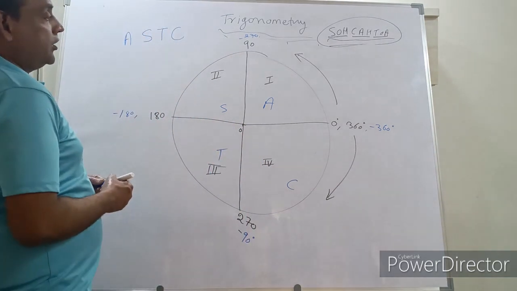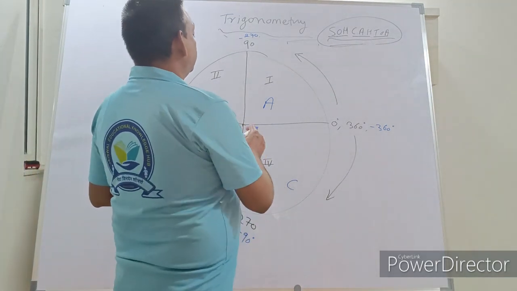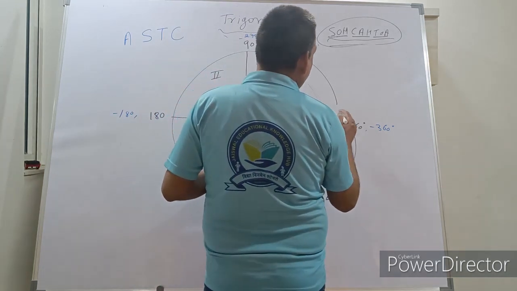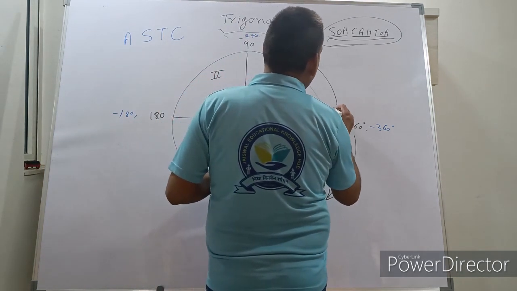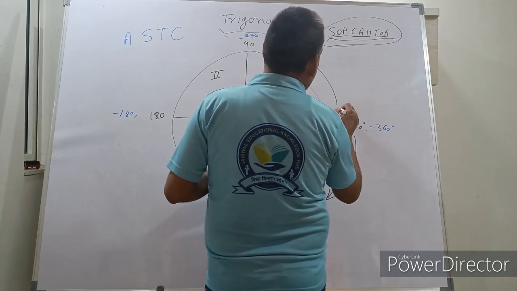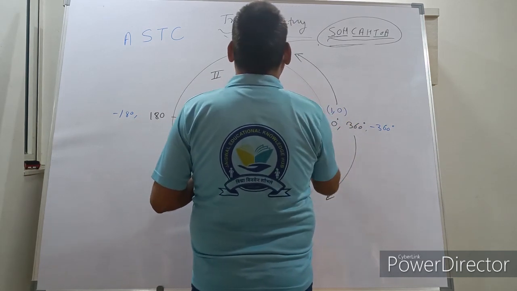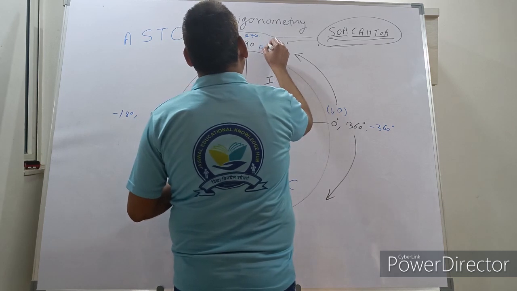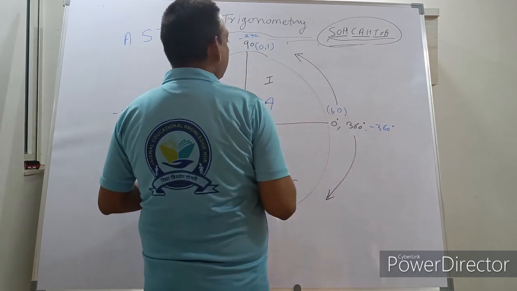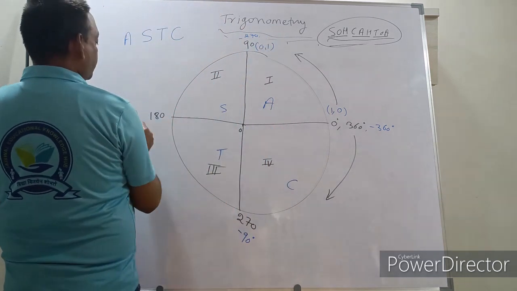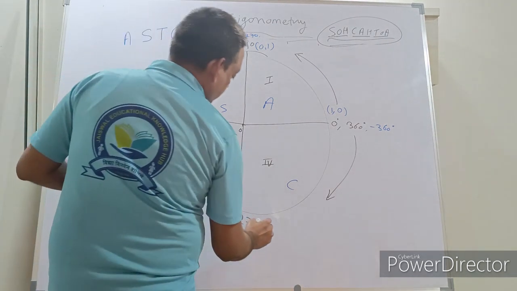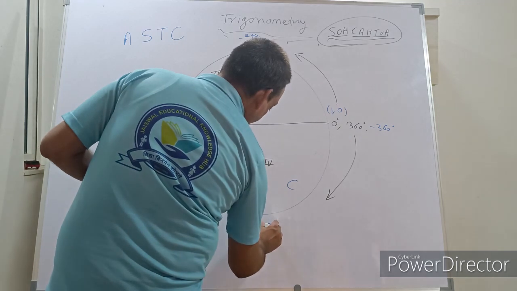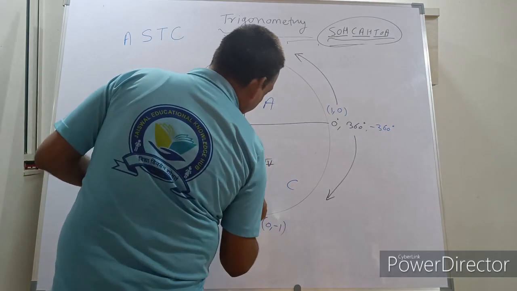Okay, now here this is the unit circle. If this is the origin, then this point will be 1 and 0. This is 0 and 1. On the left hand side, this will be minus 1 and 0. This is 0 and minus 1. Clear?